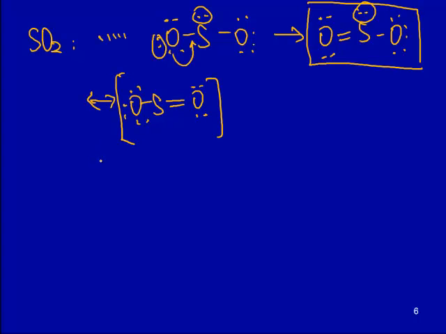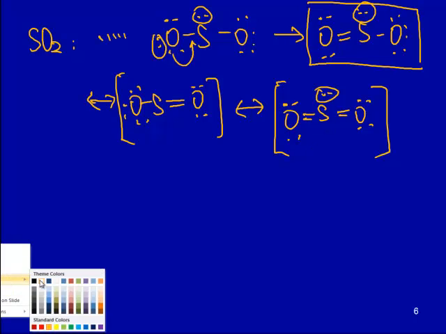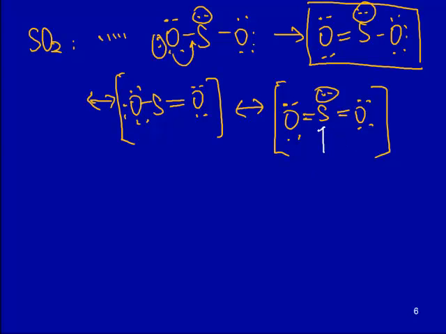You can go even further. You will have S, and you will say, wait a second, let's take a look at this sulfur. You actually have 1, 2, 3, 4, and 10 valence electrons.